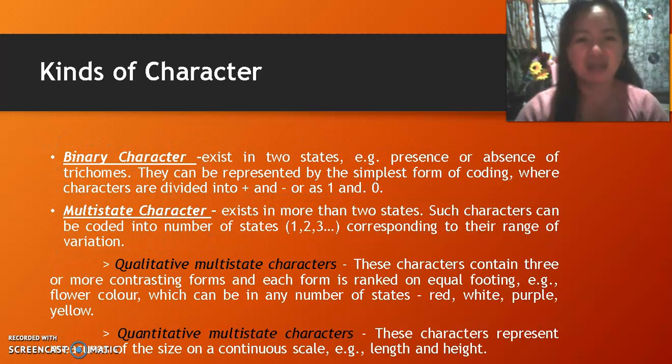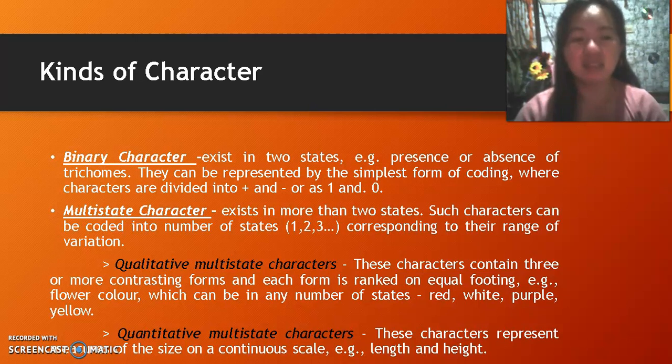Now, there are many kinds of character. One is the binary character. This exists in two states, like the presence or absence of trichomes in some organisms. They can be represented by the simplest form of coding, where characters are divided into positive and negative signs, or can be denoted with figures like 1 and 0.